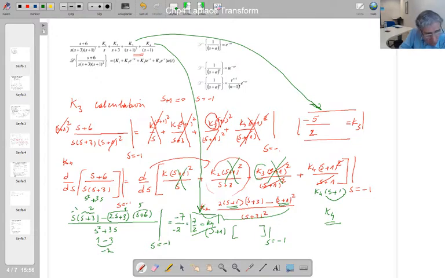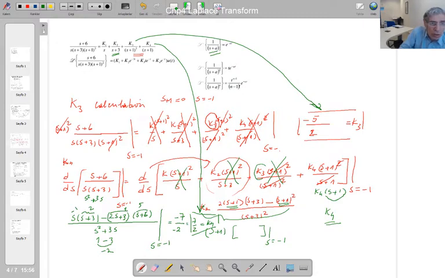in order to transfer this S domain function to a time domain function, we're going to use the list. In this list, for this one, we are going to replace it with this, isn't it? So A here is 3.